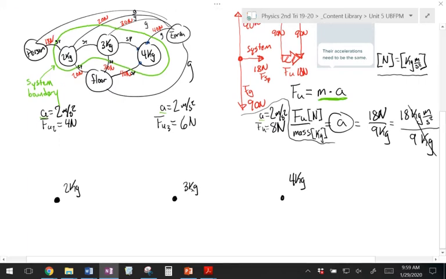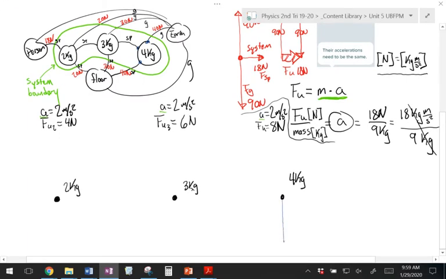I'm going to draw my arrows on here. I've got 40 newtons, FG. This would be 4, Earth. And then I'm going to have 40 newtons, FSP, 4, what's pushing on the 4?